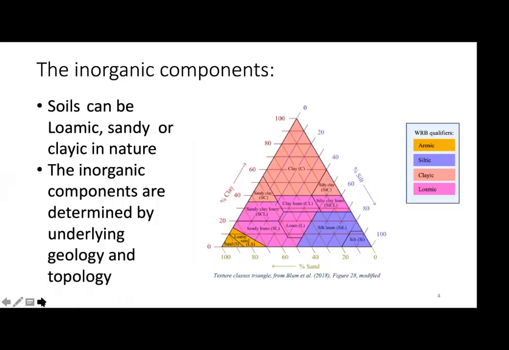Silt is shown on the right side of that triangle, starting at the apex of the triangle down to 100% at the bottom corner. And sand is the other inorganic component shown across the bottom of this pictorial, starting with no sand over here, all the way to 100% sand. Good soil, or soil that we would consider growing things in, would typically be in this lower corner in the loam and silt loam area of the graph.